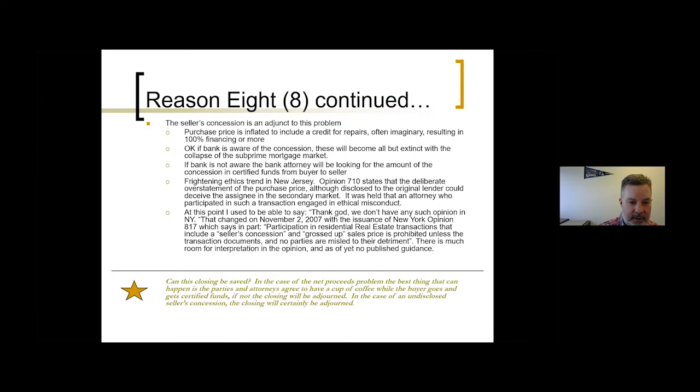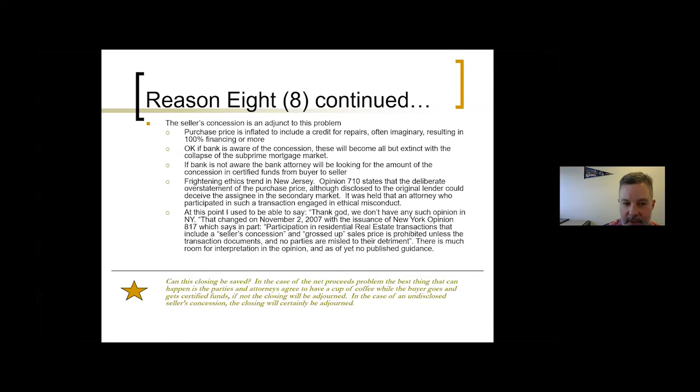This leads us to a short discussion of the seller's concession. That's when the purchase price is inflated to include a credit for repairs, resulting in 100% financing or more. This is okay, obviously, if it's disclosed and if the bank is aware of it. I don't know that we see this too much anymore. I haven't had to deal with it lately. I haven't come across a title where this was an issue.